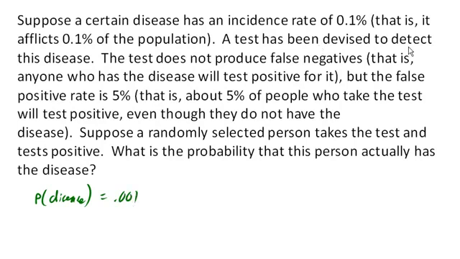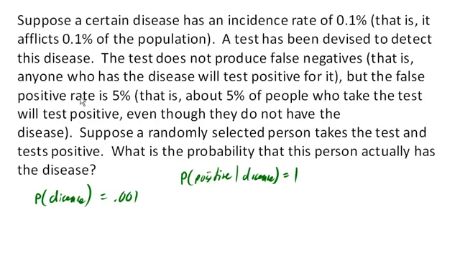So a test has been devised to detect this disease. The test does not produce false negatives. In other words, anyone who has the disease will test positive for it. In other words, the probability of a positive test, given that the person has the disease, is 100%. They will definitely test positive if they have the disease.